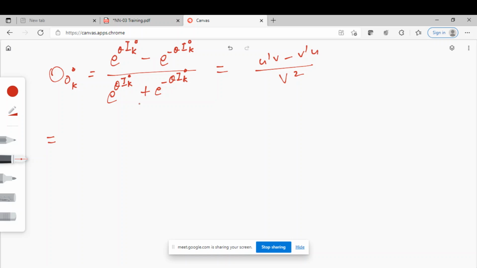Differentiation of e power x with respect to x is e power x only. The power term, if you differentiate with respect to x, is 1, so it is basically e power x into 1.